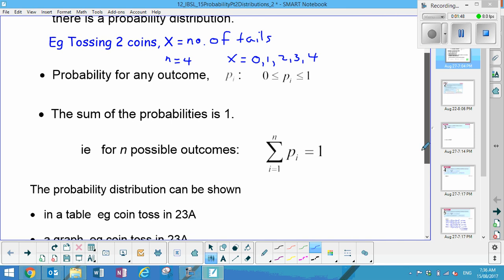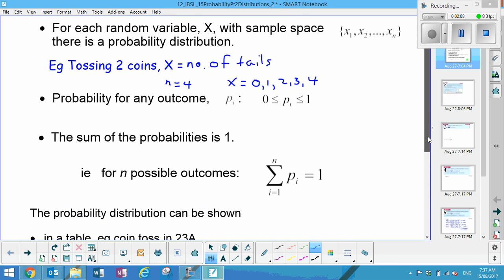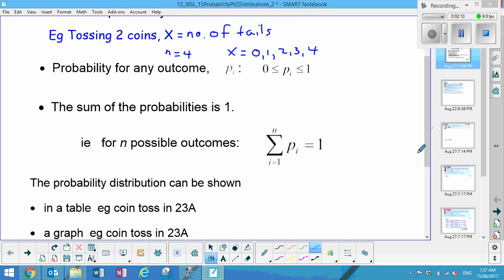So this is just putting that notation back in. So we're adding the probabilities from 1 to n, from first term up to the 5th term. That's going to be confusing because our n is 4. Alright, so we'll have to be careful with that.